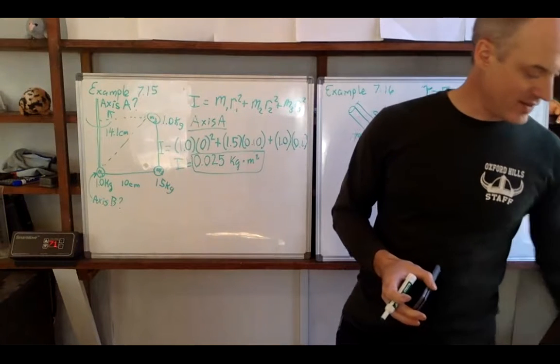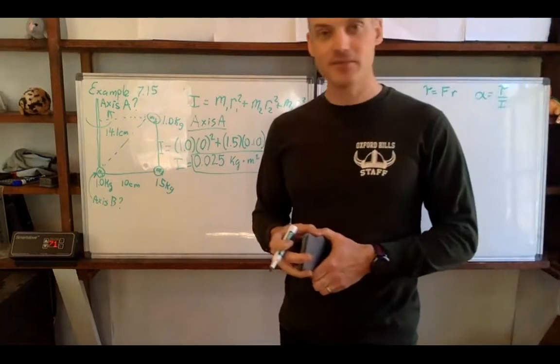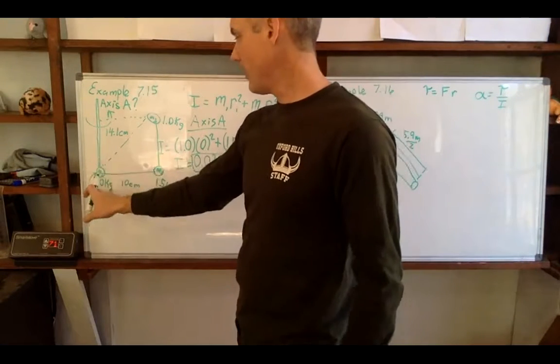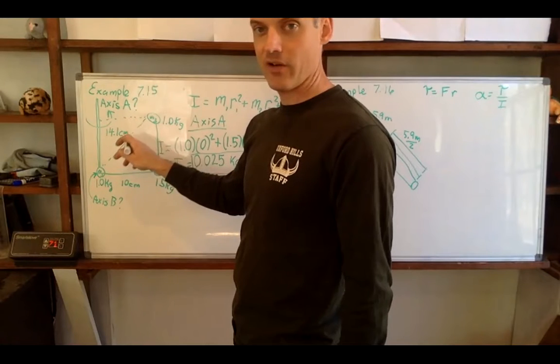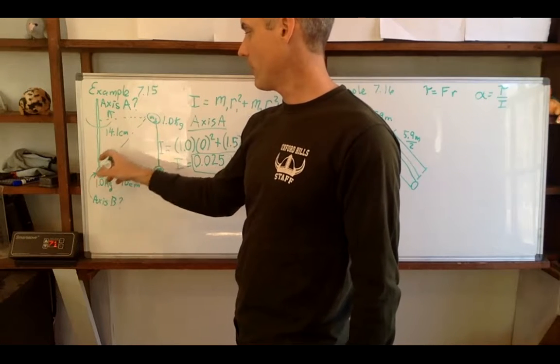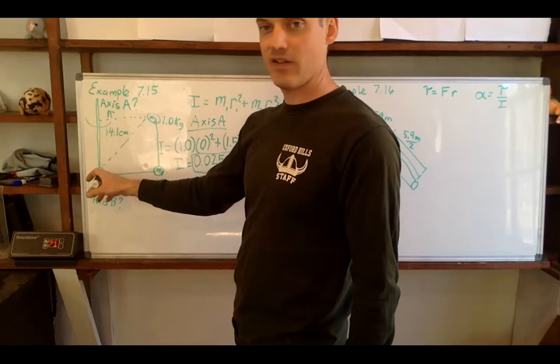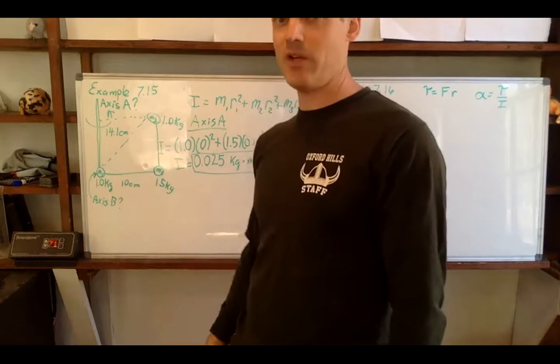Let's look at axis B together. For axis B, because it's rotating about this point, we do need to use this other distance here. They told us that the distance from here to mass 3 is 14.1 centimeters.